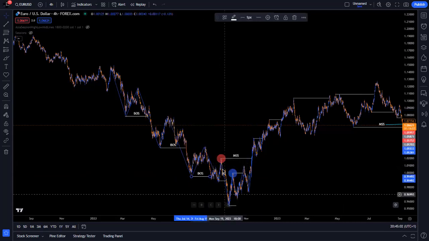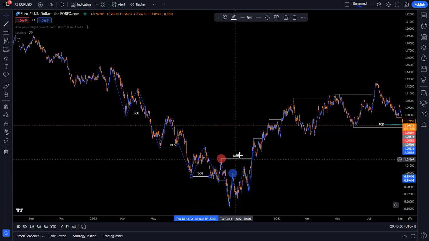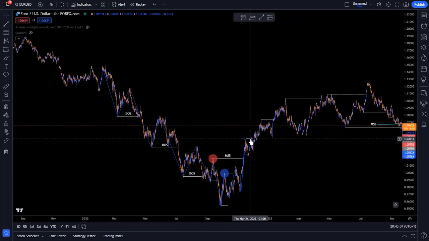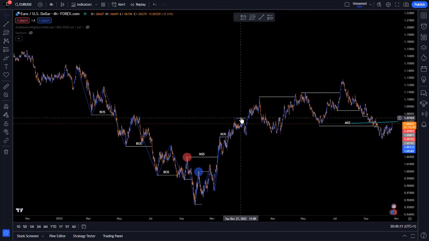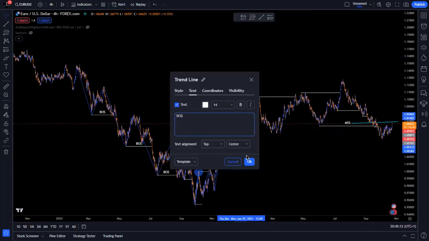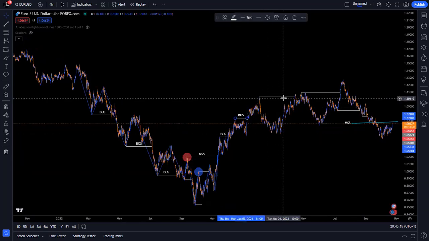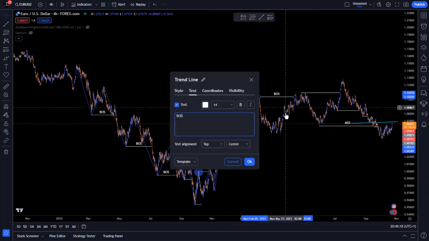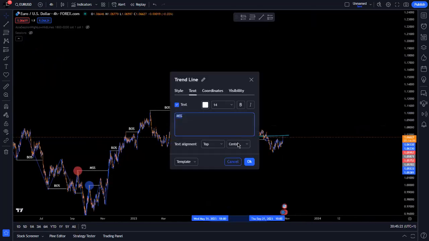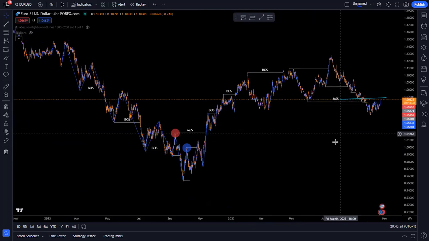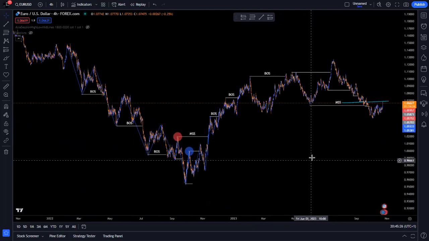And then here that we have a market structure shift, you're going to tell me MSS, market structure shift. Then here we have a break of structure, you're going to put BOS. Here you're going to put BOS. If it's a break of structure, you put break of structure. If it's a market structure shift, you put market structure shift. Then you screenshot it, do it on 3 pairs, and then you compile it and send it to me.